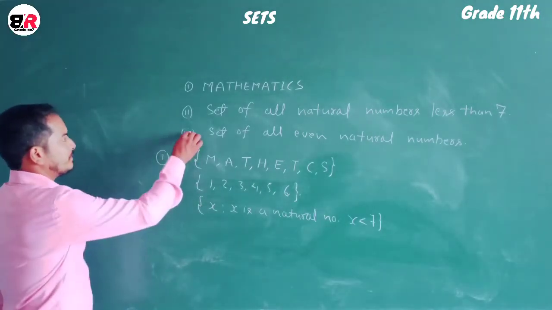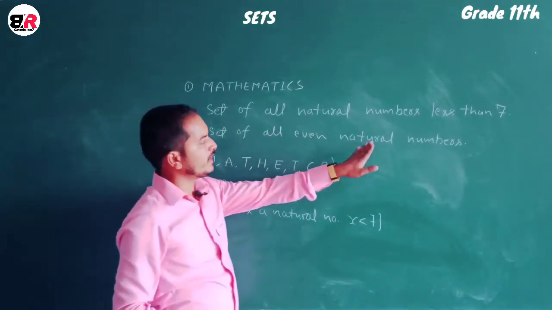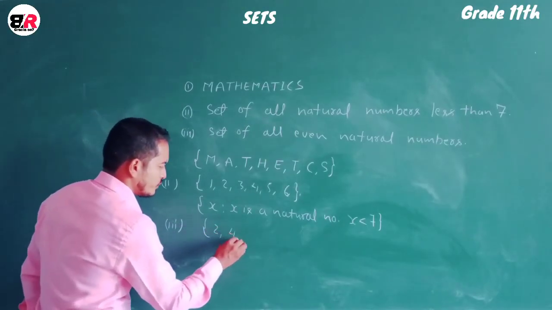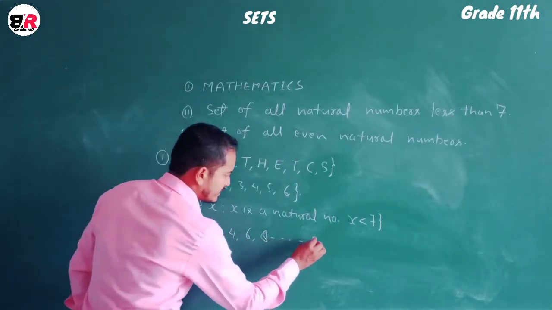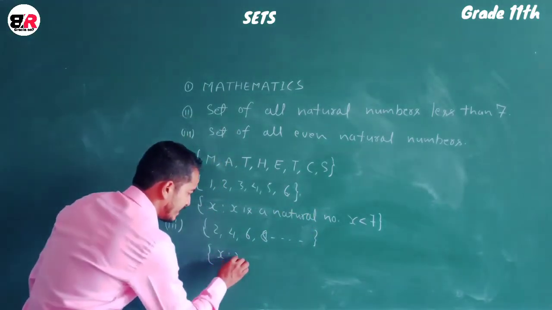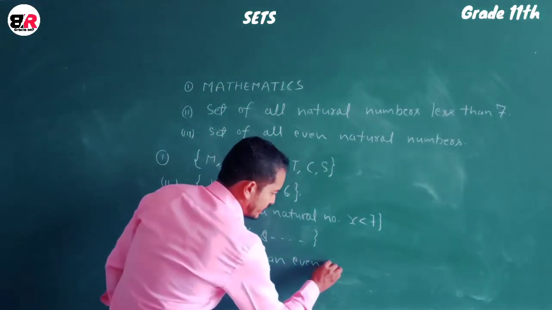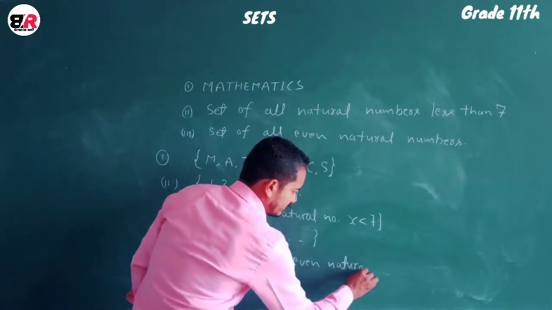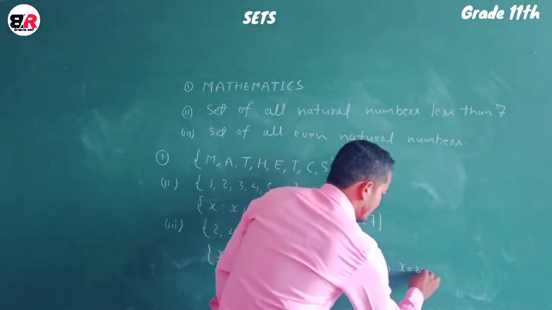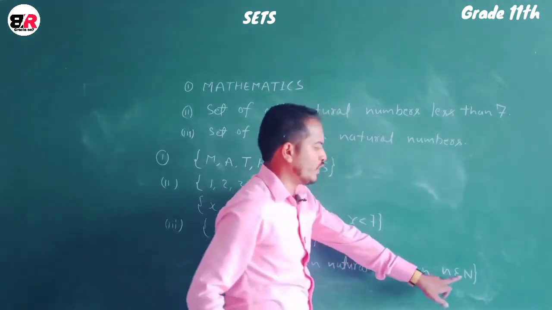In the last example, example number 3, that is set of all even natural numbers. We know that even natural numbers are 2, 4, 6, 8 and so on. If we are going to write this set in set builder form, then we will write {x : x is an even natural number and x = 2n, where n belongs to natural numbers}.